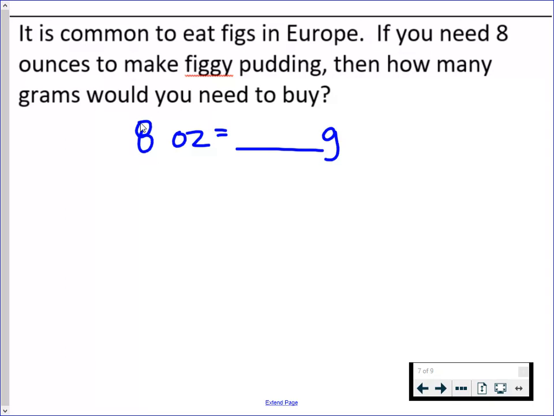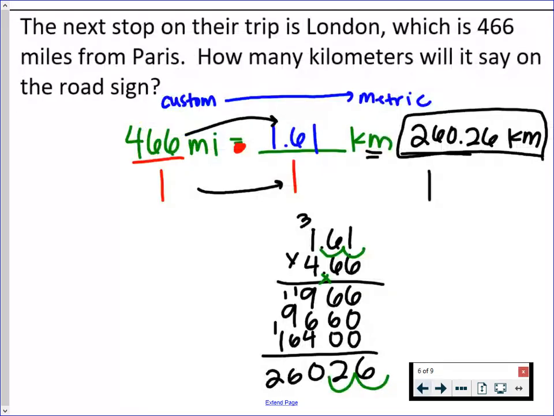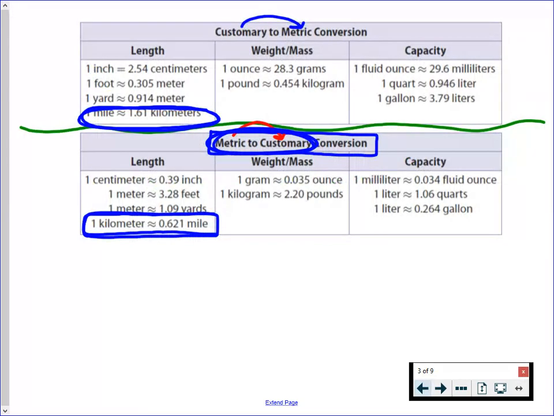But now that you're in Europe, you need to know how much to buy. Ounces, customary. Grams, metric. Customary to metric.